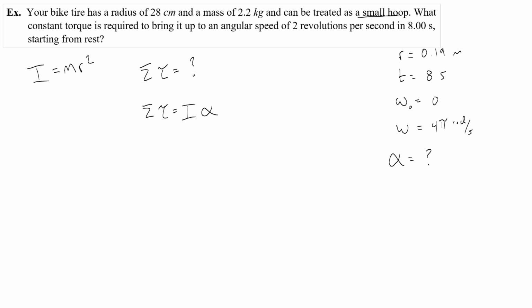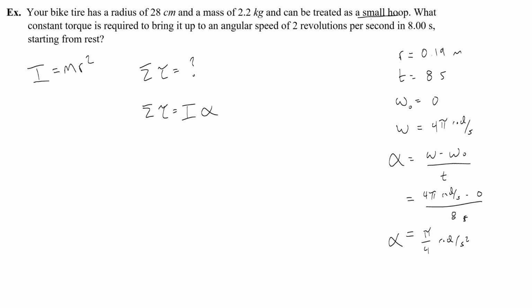And yeah, we can, because the change in angular velocity over the change in time is the angular acceleration. So 4 pi radians per second minus 0 over 8 seconds is going to give you pi over 4 radians per second squared.